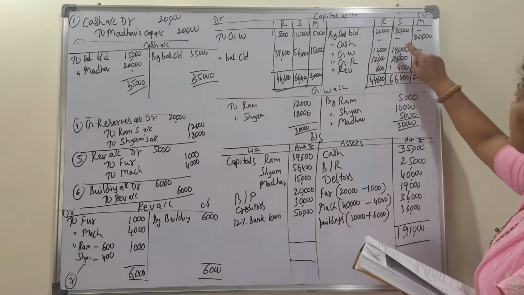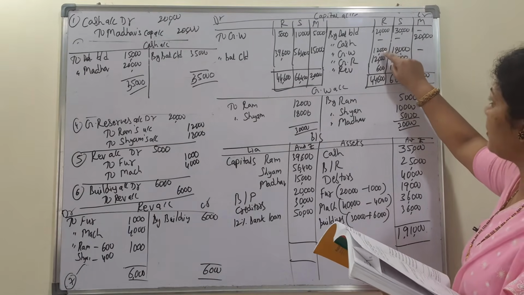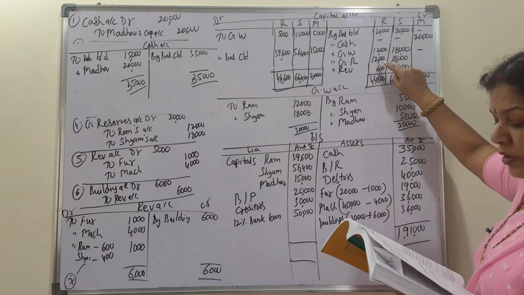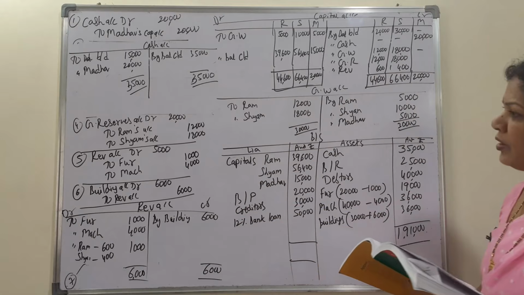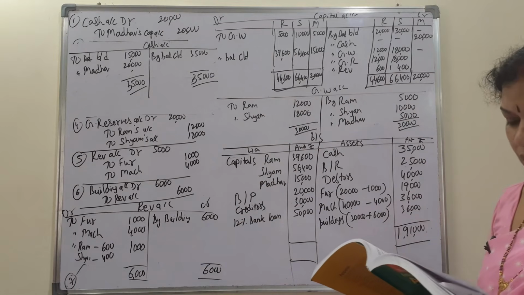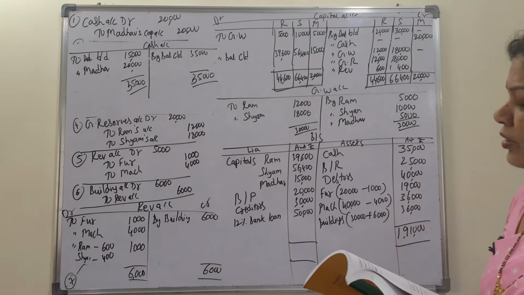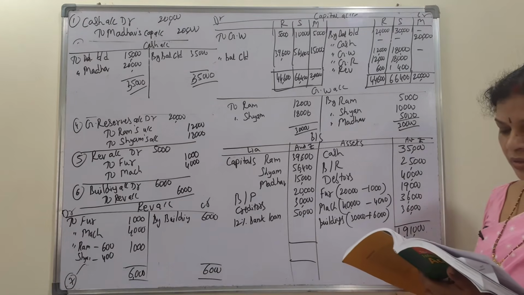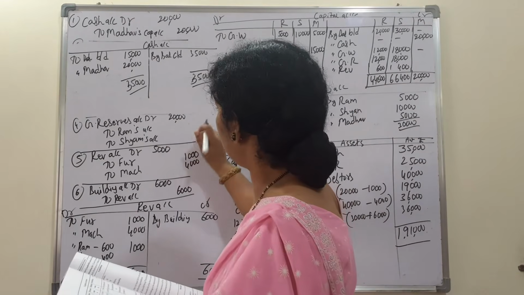Here only it's gone. 12,000, 12,000, 20,000, 12,000, 12,000. General reserve is here. General reserve, if we just open it, 8,000 and 12,000. 8,000 and 12,000, sorry, here.